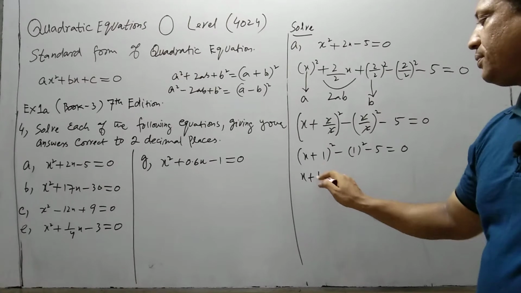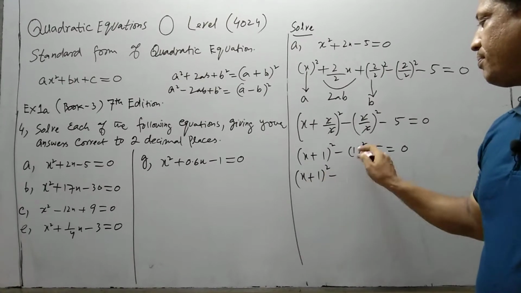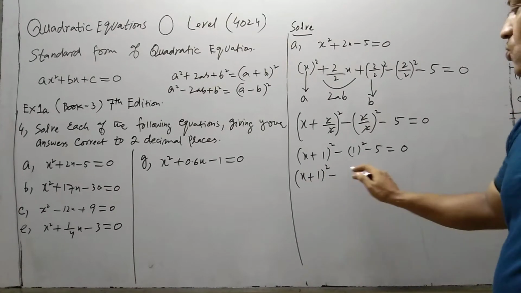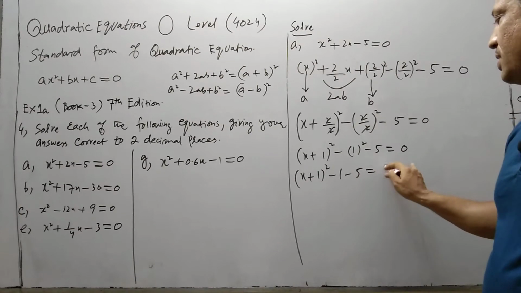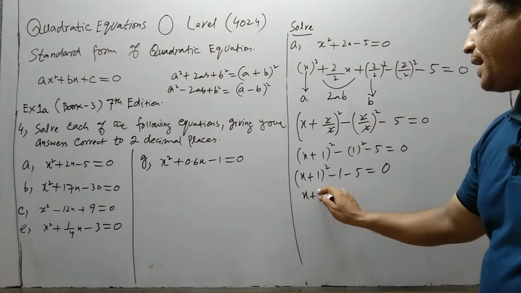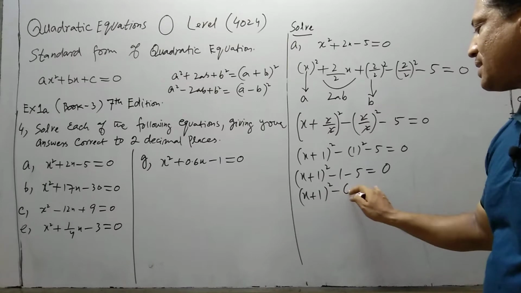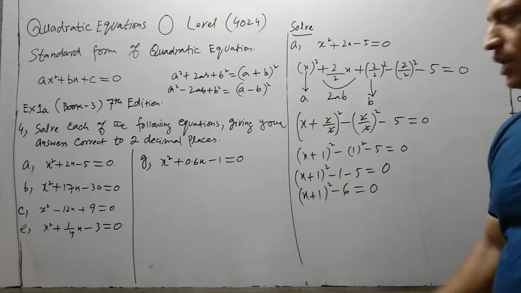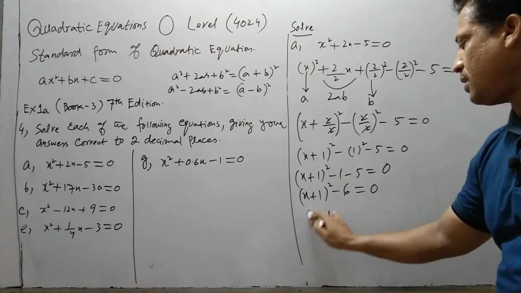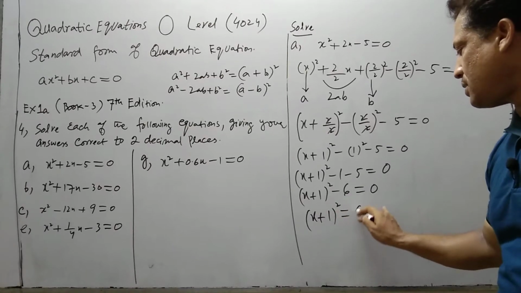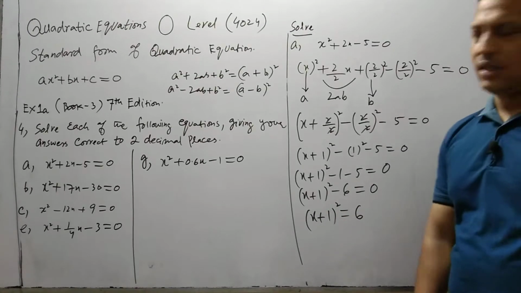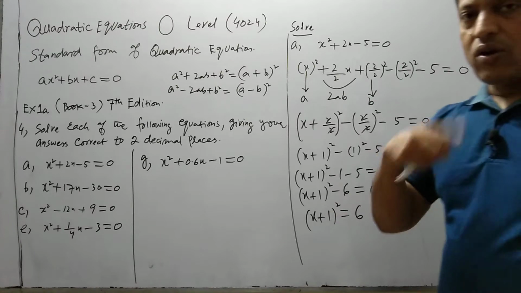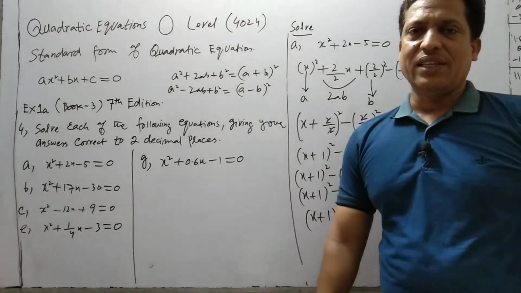(x plus 1) whole square minus 1 square, which is 1, minus 5 is equal to 0. (x plus 1) square minus 6 is equal to 0. (x plus 1) square is equal to 6. So recall question number 2 of this Exercise 1A.